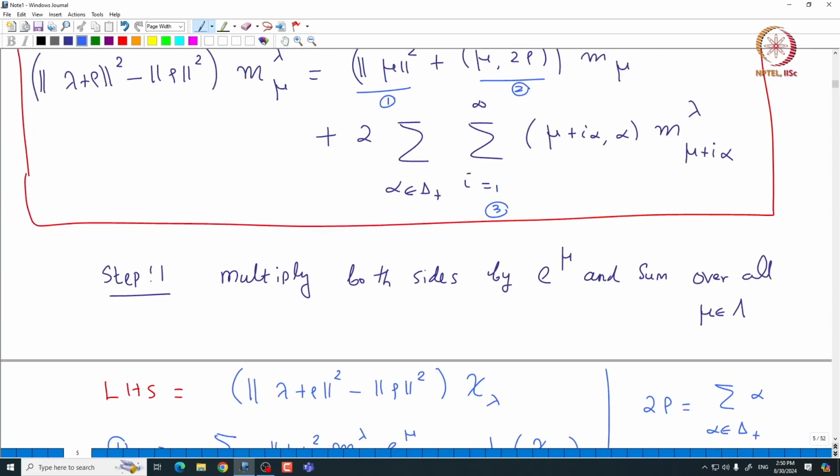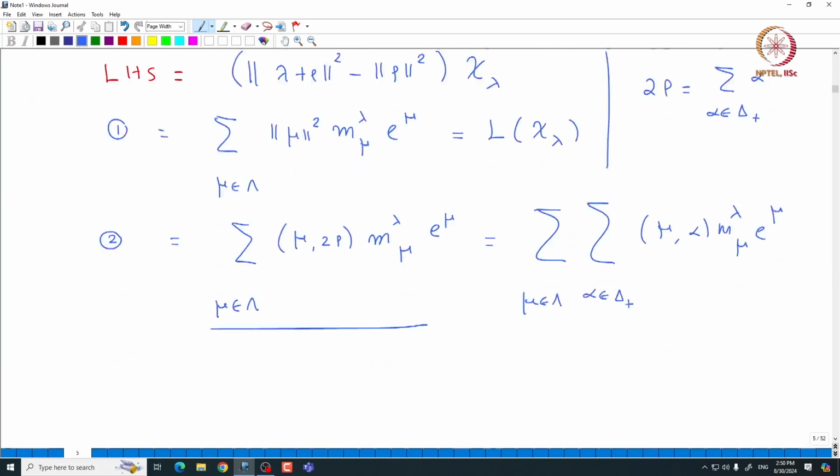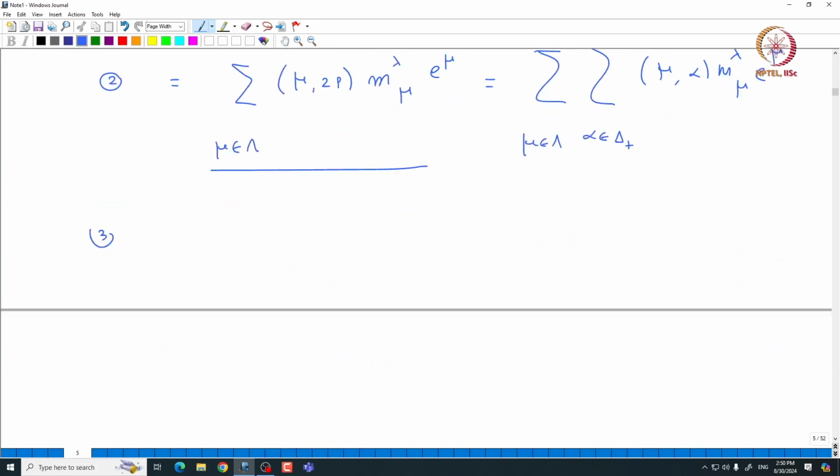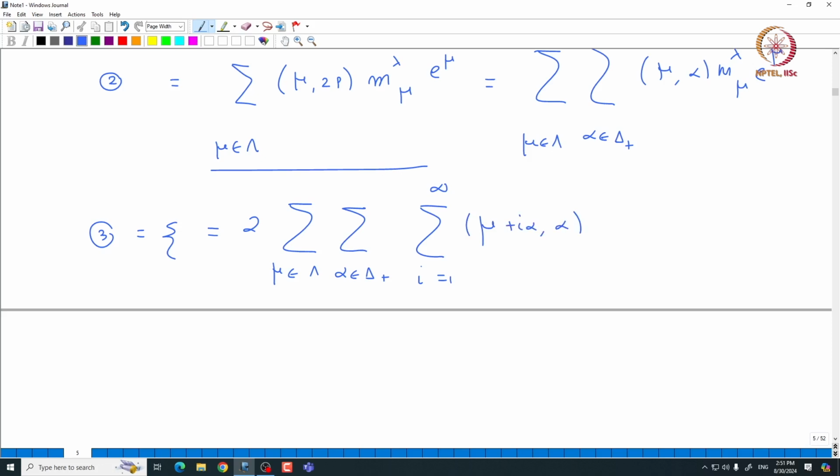For the third one, let us call it xi. This is exactly twice the summation over mu in Lambda, alpha in delta plus, and i from 1 to infinity, of the inner product of mu plus i alpha with alpha times the multiplicity of lambda mu plus i alpha times e power mu. So, this is what we get.